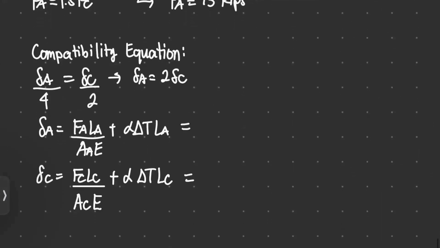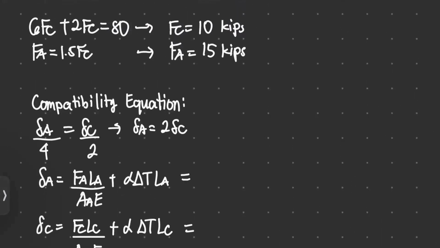So let's determine our unknowns or what it would look like. Here, the force is 15 kips, but we have a psi unit for our E. So let's convert the kips into pounds. So it's just 15,000, or 15 times 1,000.